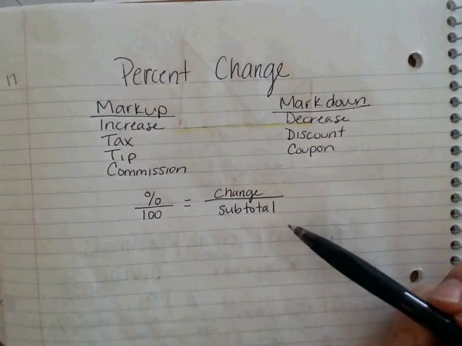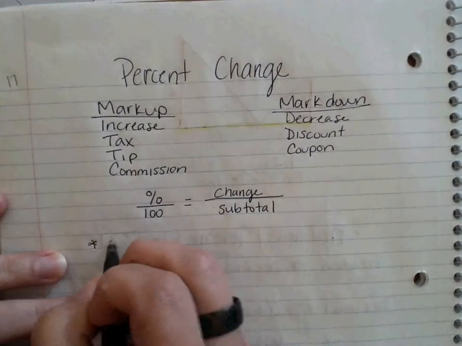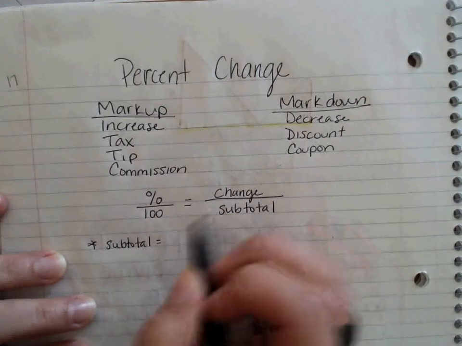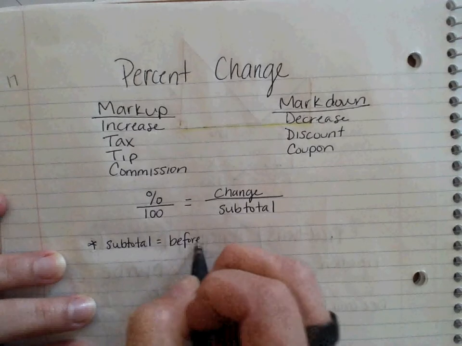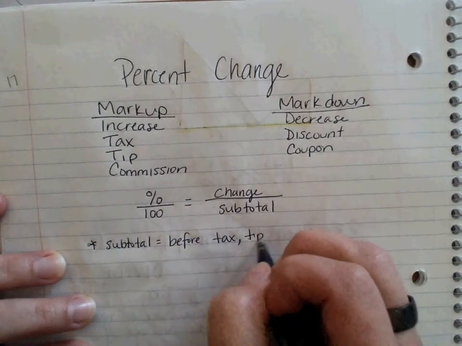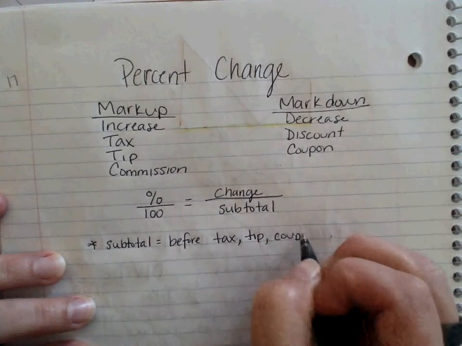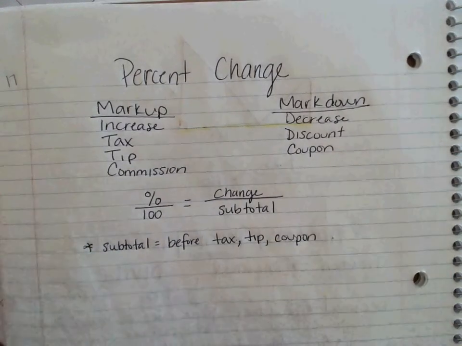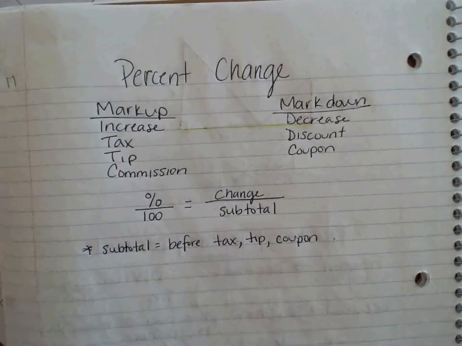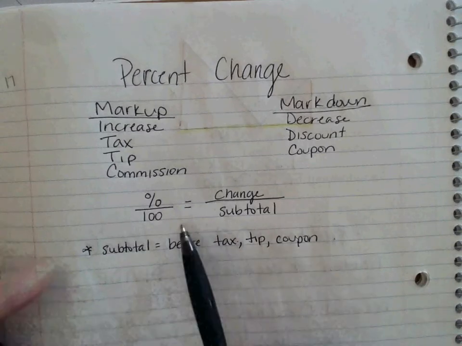And subtotal is a total before taxes, before a tax or a tip or a coupon. So our subtotal is what it's going to be before we put our coupon, before we add our tax, before we take our tip, stuff like that. So when we talk about our percent markup or our percent change, we're going to follow this formula.